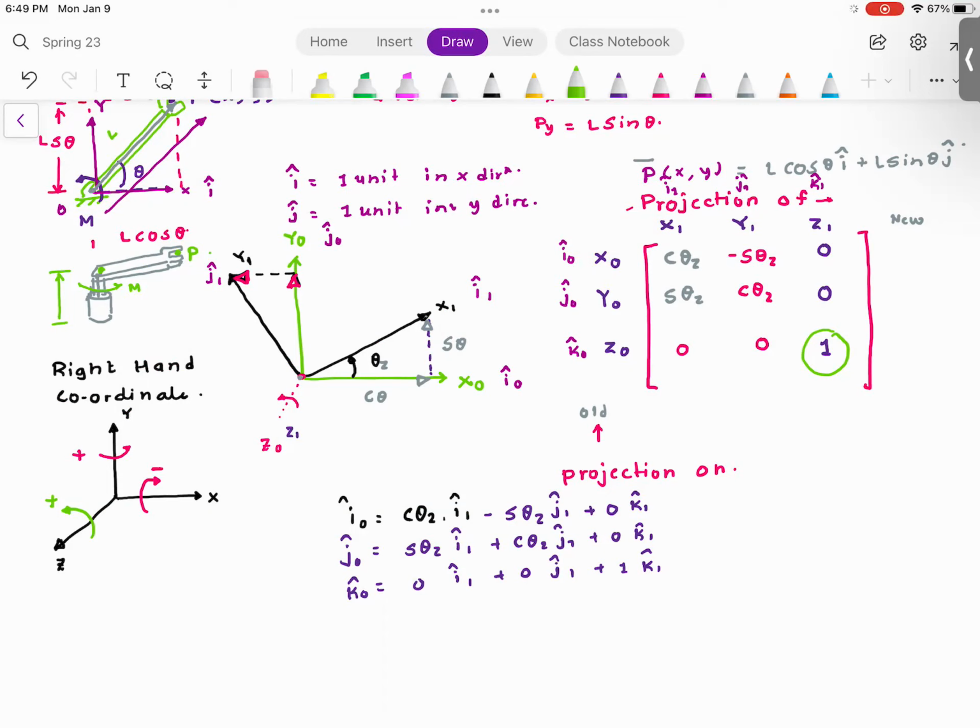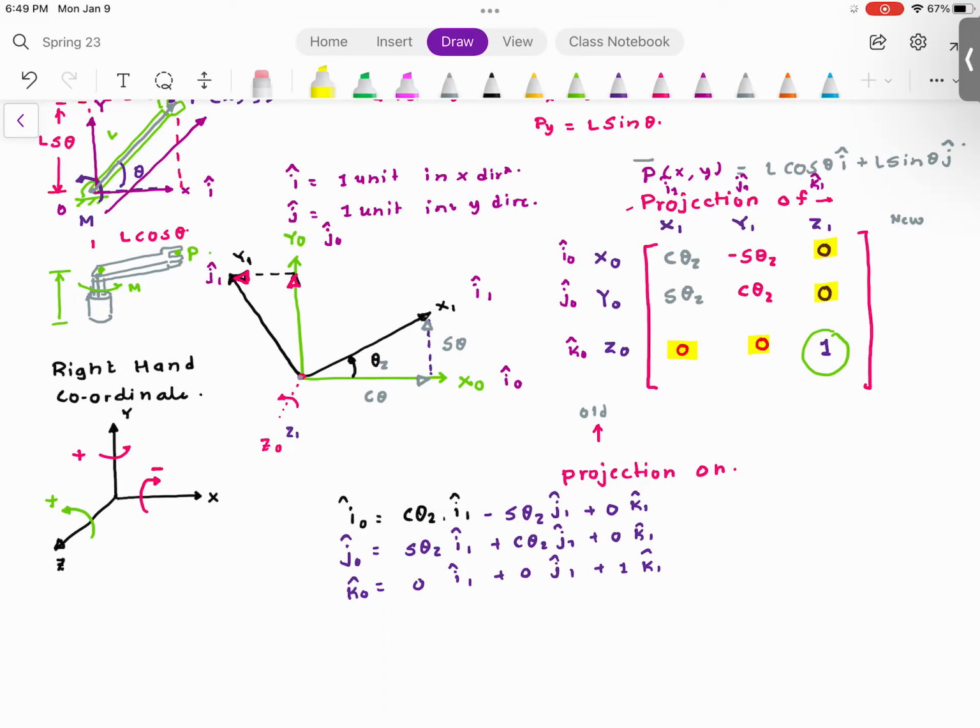And then respective columns and rows will get zeros. So can you see that I have a 0 here, a 0 here, a 0 here, and a 0 here? Are you with me so far?